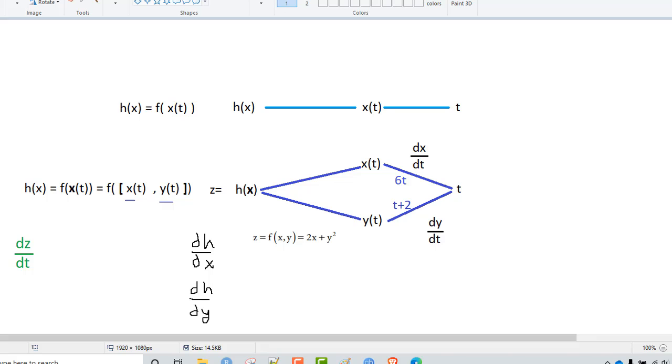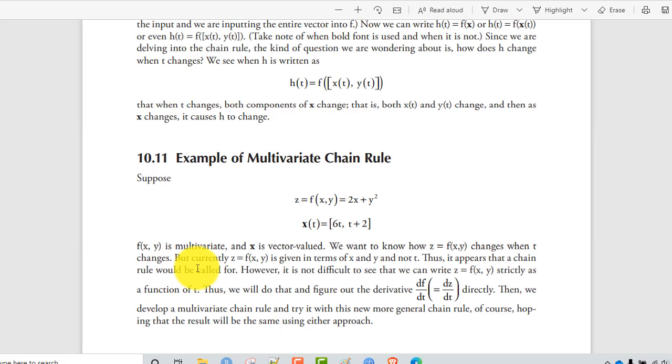So we have a kind of chain rule effect, or a chain effect. So what is the actual formula that's going to give us this answer?